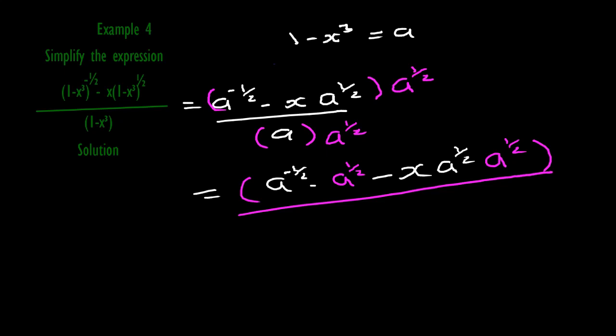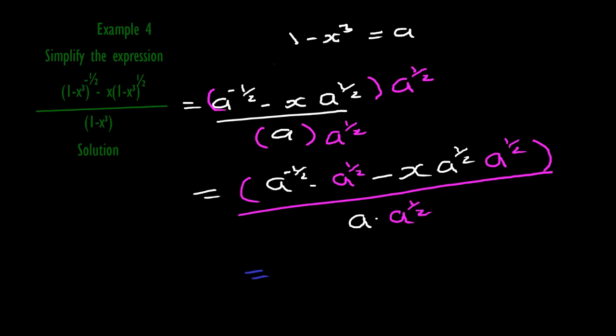Then in the denominator, we have a inside the bracket times a raised to power half outside the bracket. So we can simplify that further by using the laws of indices.